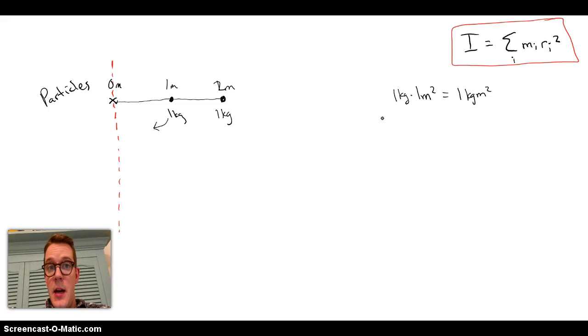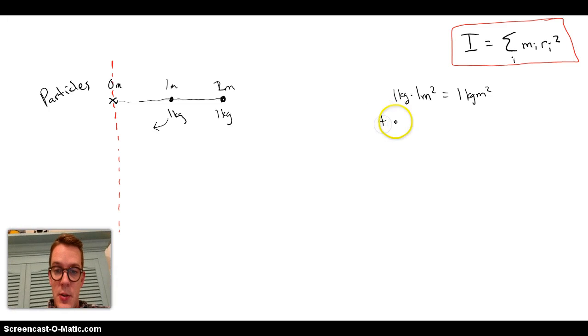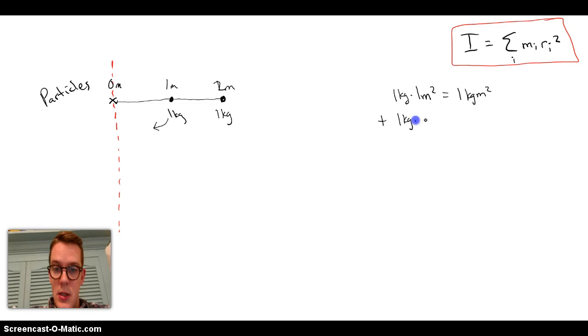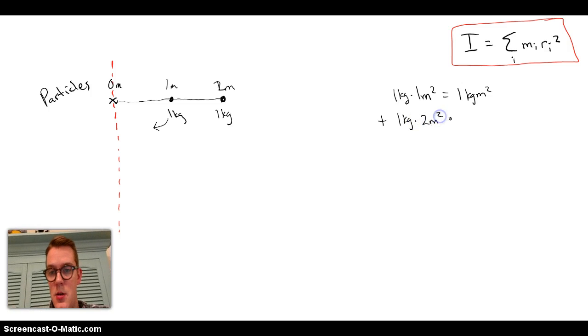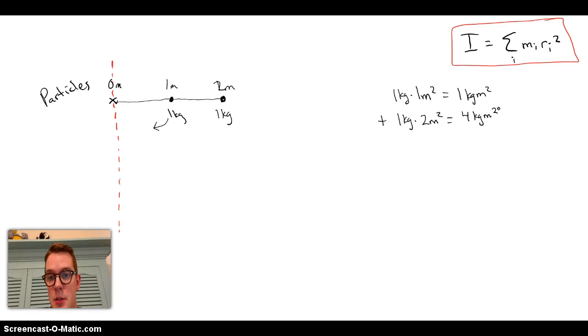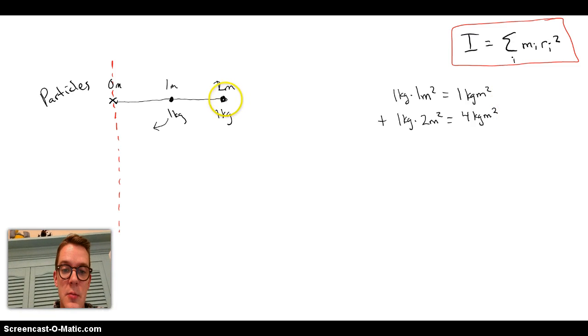So now I would just add that on to my first moment of inertia. So it's 1 kilogram times now 2 meters squared. And I get 4 kilogram meters squared. So you can see that adding one more particle at double the distance actually gives us a lot more moment of inertia. So my total is 5 for this system.